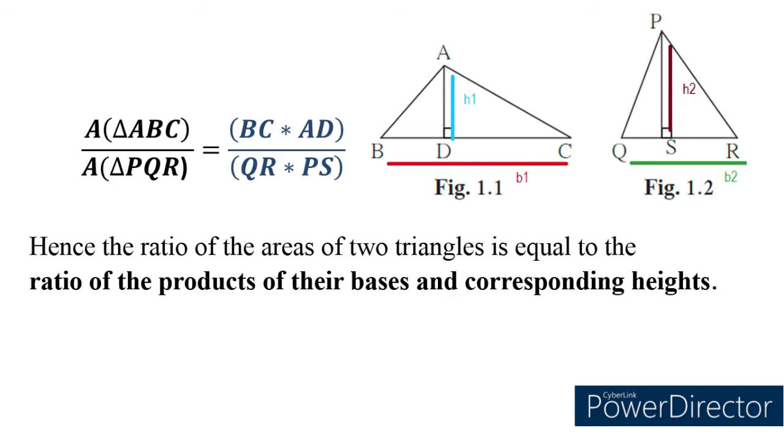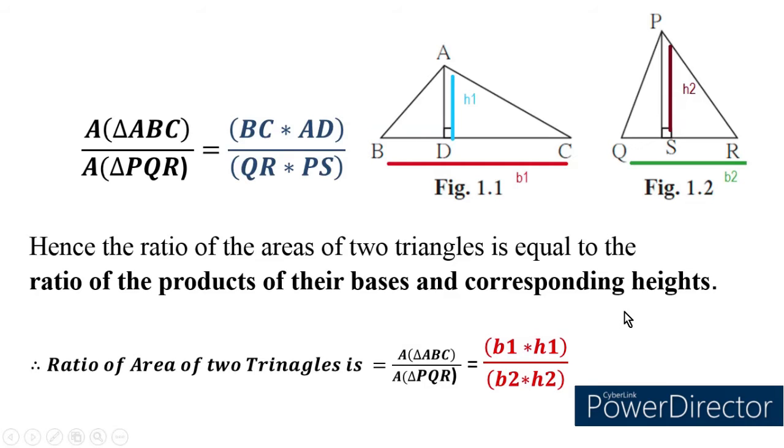Hence the ratio of areas of two triangles is equal to the ratio of the products of their bases and corresponding heights. So it can be written as A of triangle ABC divided by A of triangle PQR is equal to B1 into H1 divided by B2 into H2.